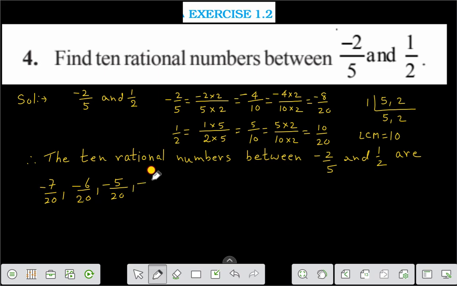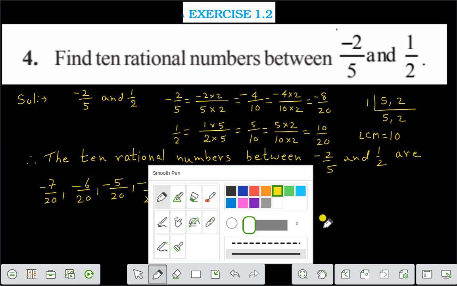Next one is minus 4 by 20. It is minus 3 by 20.